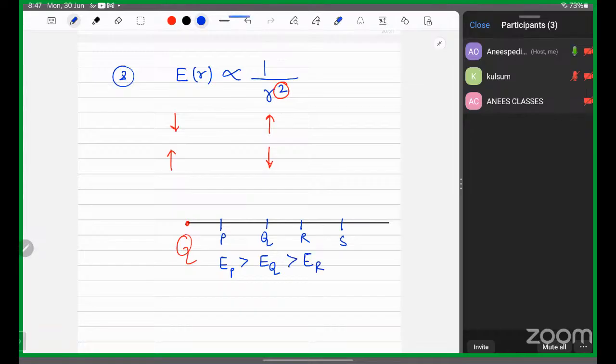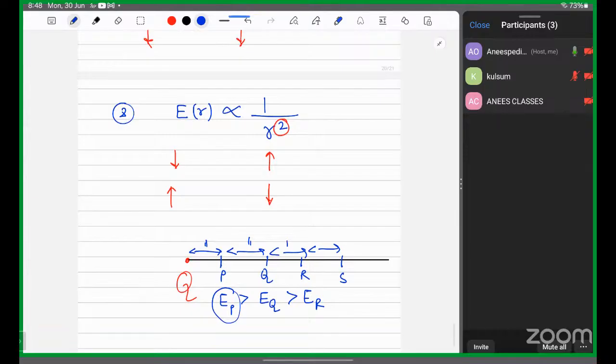But if you look at the magnitudes, you will notice that EP will be way bigger than the electric field at point Q. Even if the separation between all the points is the same, say 1 unit each, the magnitude of the electric field will decrease very rapidly. Are you getting the meaning of R square?